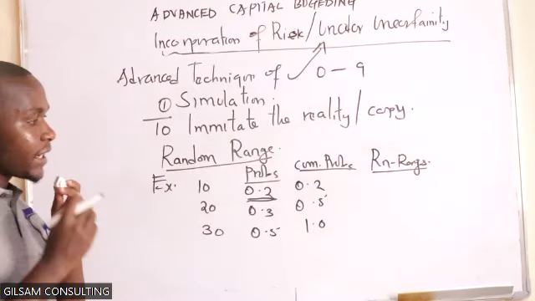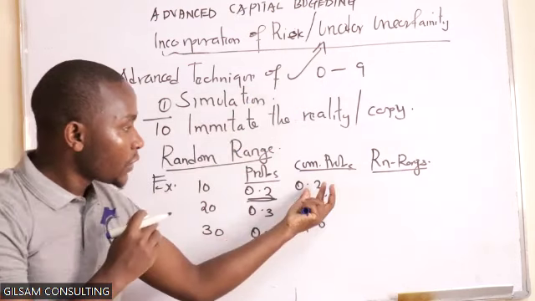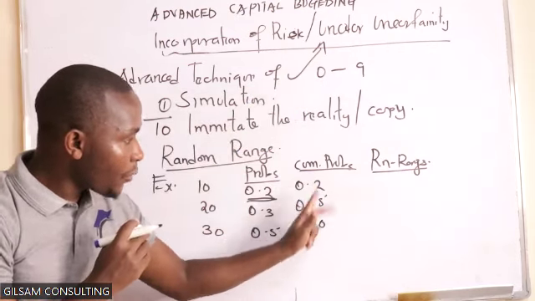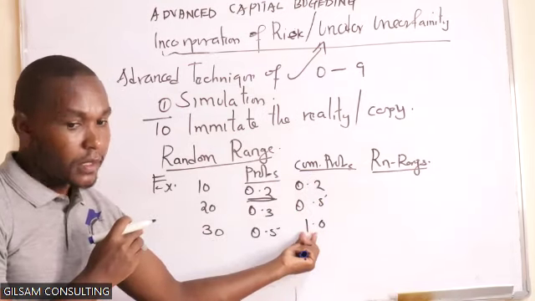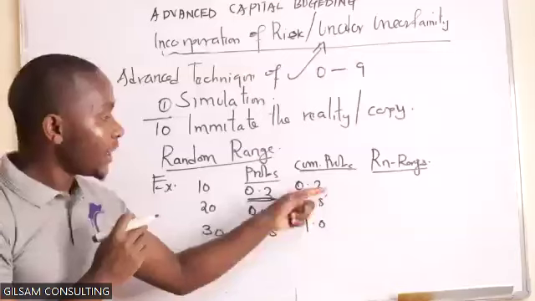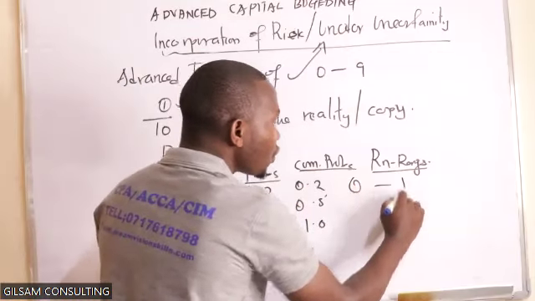It starts from 0, and you assume this is a whole number: 2, 5, and 10. So 0 to 2 less 1 gives 0 to 1.